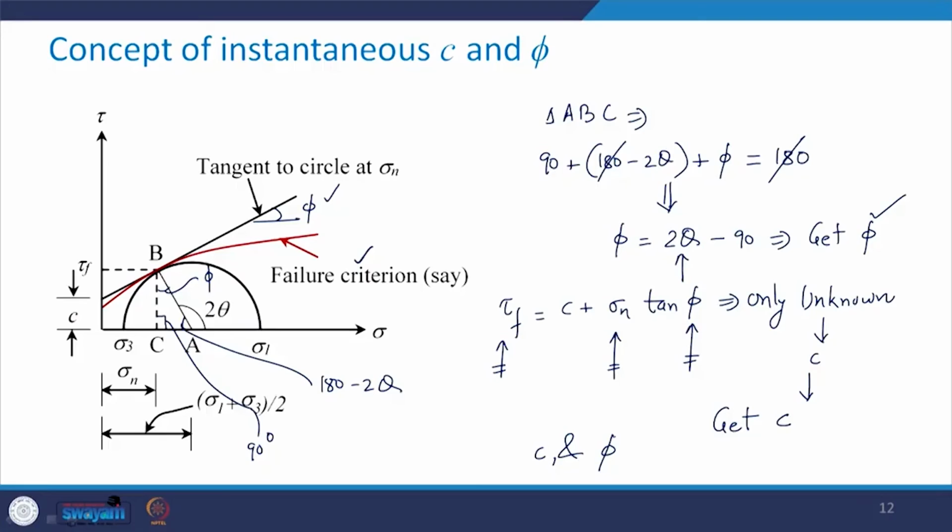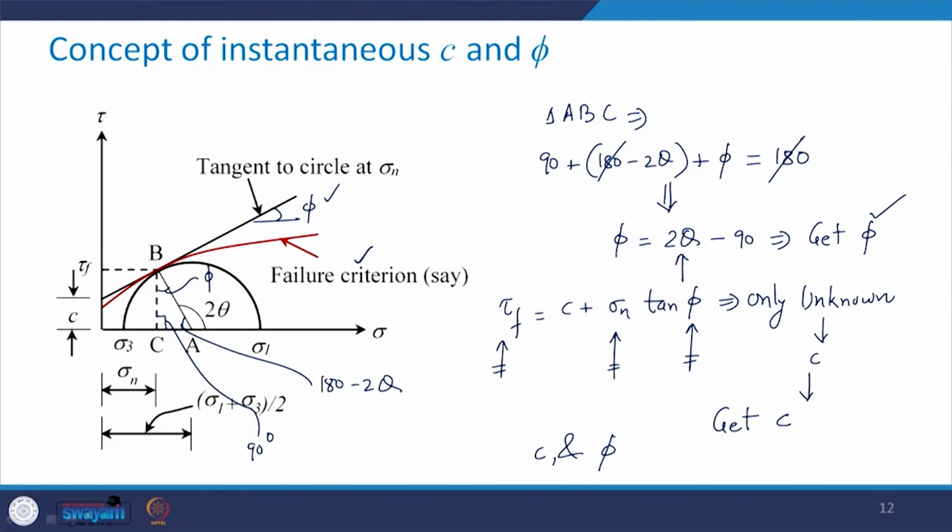But we cannot call them the Mohr-Coulomb shear strength parameters, therefore we are calling these the instantaneous C and phi. This is the procedure which you need to follow in order to get this C and phi.